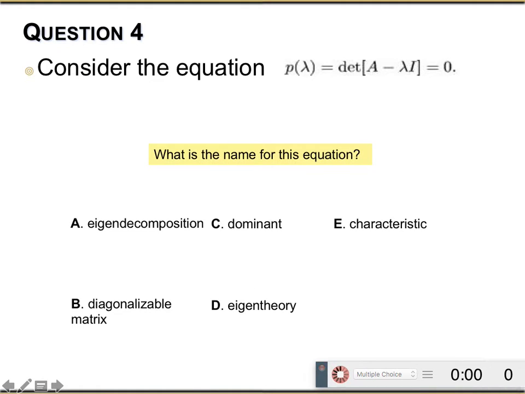What is the name of this equation? Okay, last call.